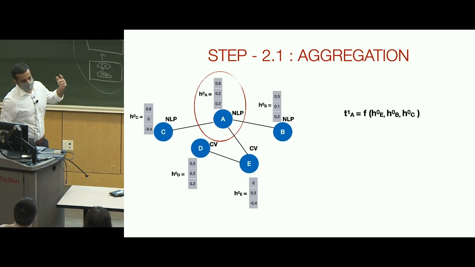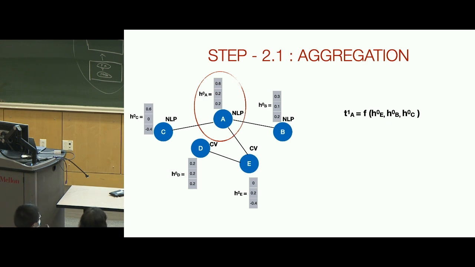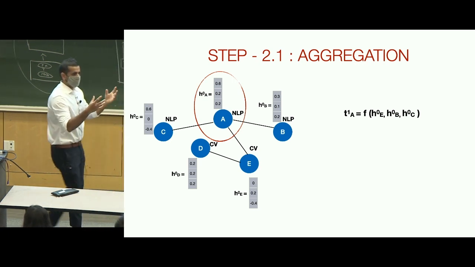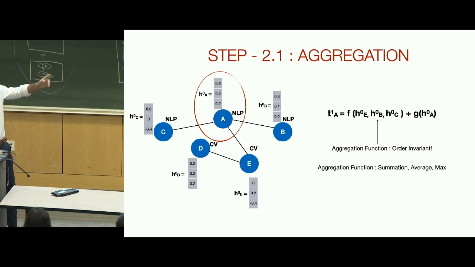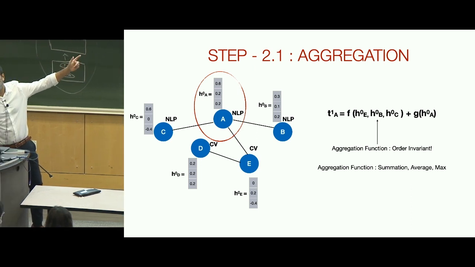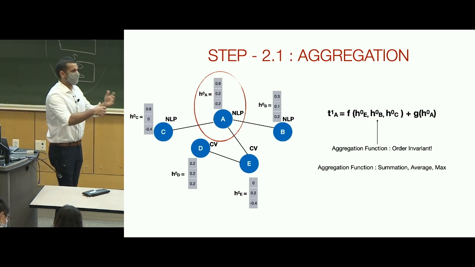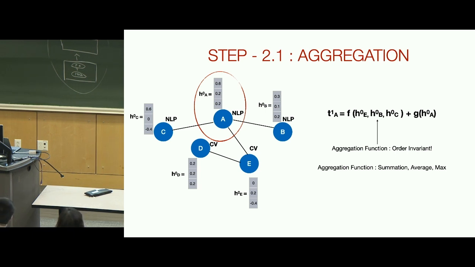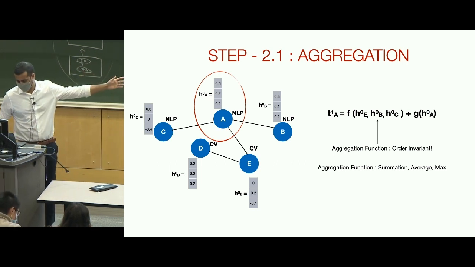They take the neighboring nodes. So for node A, its neighbors are B, C, and E. So you create a representation that contains information about B, C, and E, and combine it with what we know about A, which is h of A. And this aggregation function should be order invariant; it should not depend on whether we combine C, B, and E or B, C, and E. A few examples are summation, which is very simple, average, and taking the max.